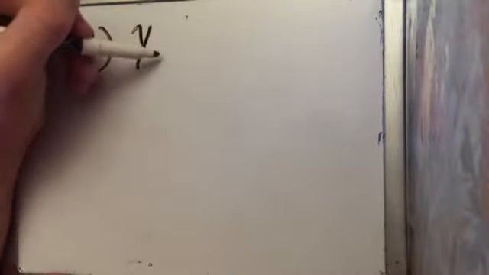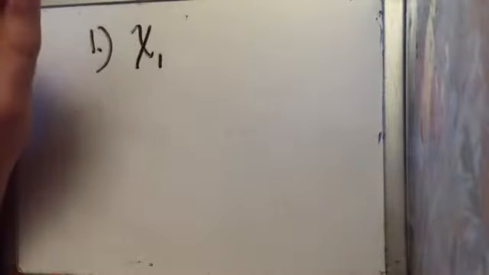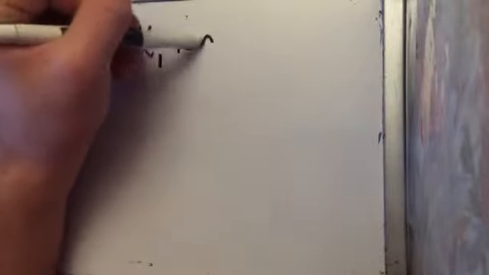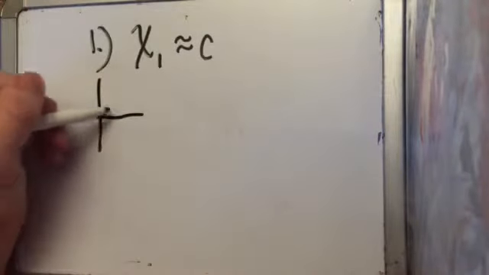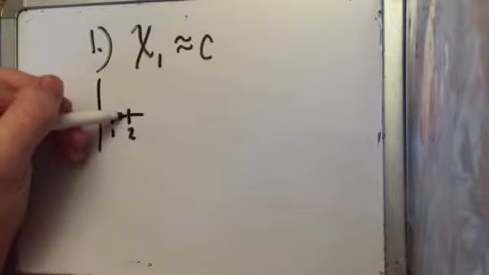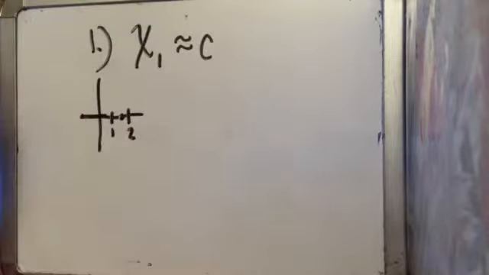So starting with the steps of Newton's method, first you're going to want to estimate x1, which is close to the c you're trying to find. So let's say you see something that looks near 1.5 on a graph, so your x1 would be 1.5.